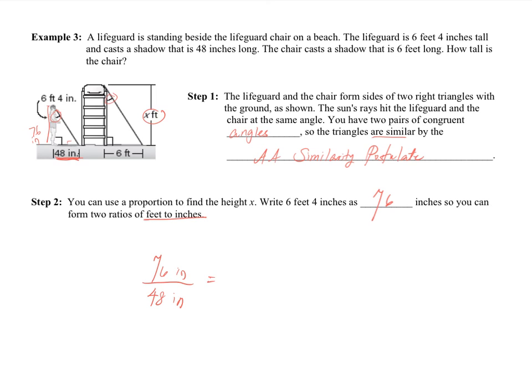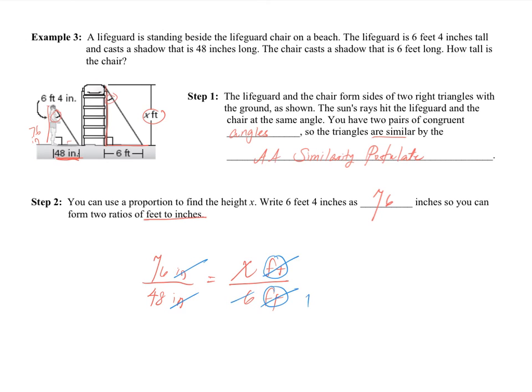And then for the chair, this height here, which I'm looking for, I can set it as x feet to 6 feet. I did not convert this, as there's no need to do that. As long as it can cancel out, we're okay.